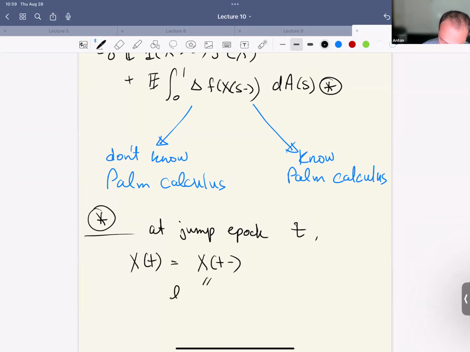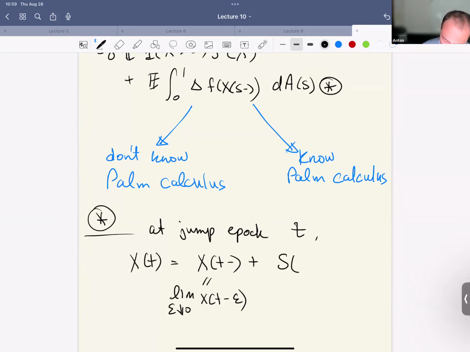And this, by the way, is the limit as epsilon goes down to 0 of x of t minus epsilon. That's the rigorous definition. Plus the service time.